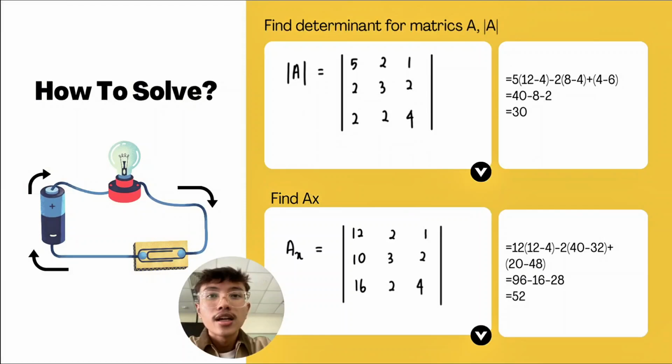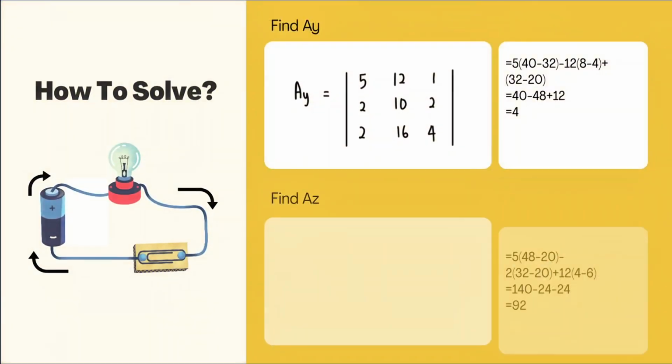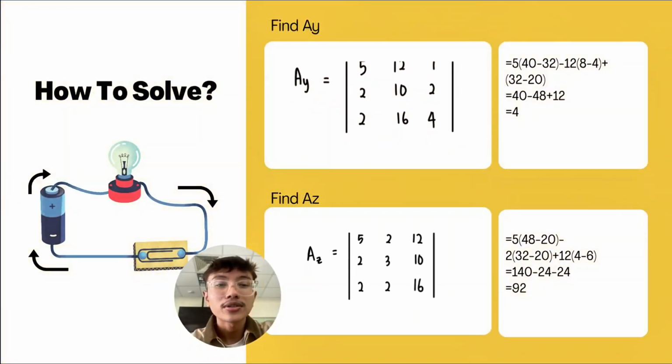So here, 12 times the bracket 12 minus 4, minus 2 times the bracket 40 minus 32, plus the bracket 20 minus 48. Then we get 96 minus 16 minus 28, and the answer is 52. And then we need to find Ay also.